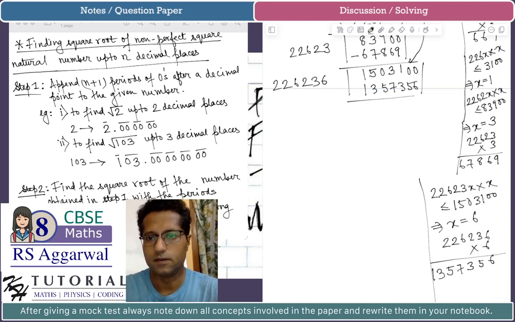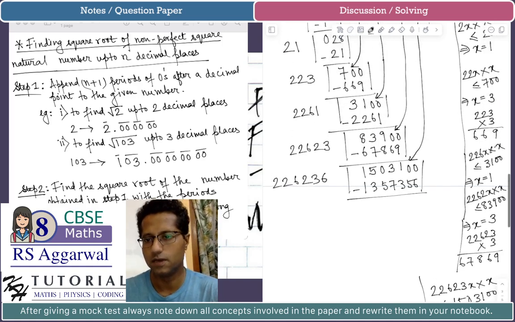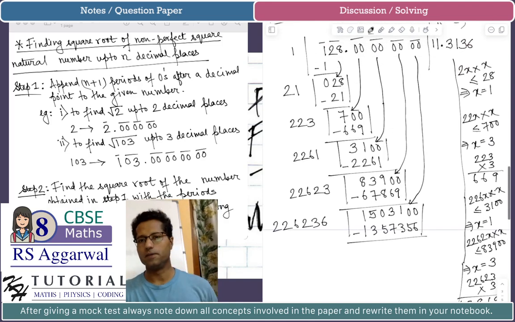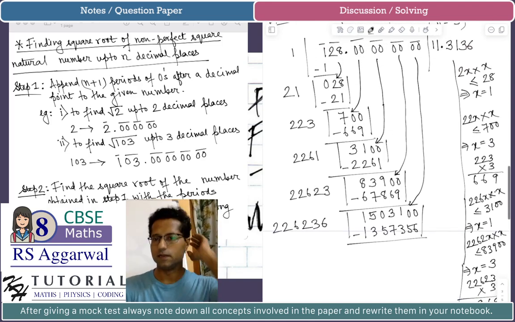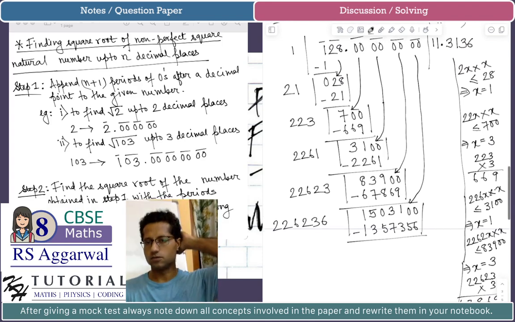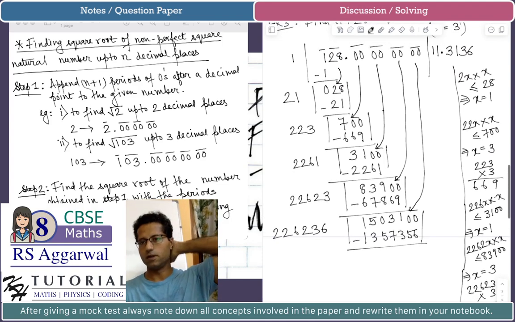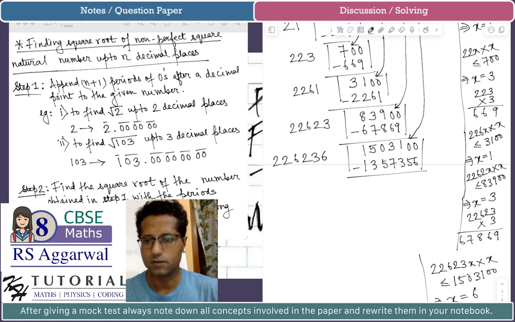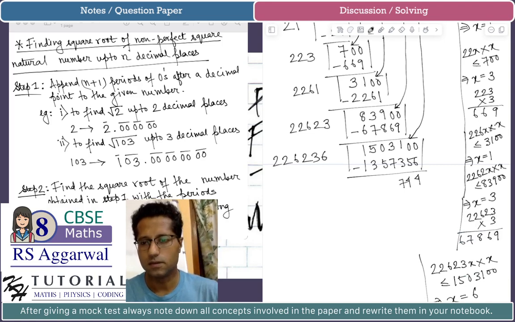We take the remainder, even though the remainder is not necessary because we are already exhausted of all the periods, and definitely the final square root will be the quotient, that is 11.3136. But anyway, calculate the remainder. This is 4, 10, 6, 4 is 4, 7 is 8, 8, 8, 5, and this is 6, this is 4, and 1.